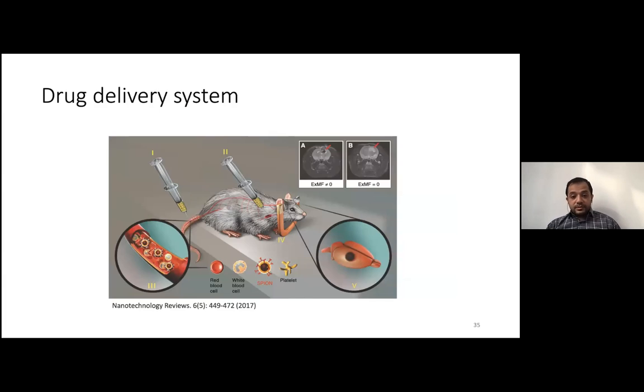So drug delivery comes to mind when we talk about magnetic nanomaterials. The first application that everyone will think about, basically, is if we incorporate the drug of interest with magnetic nanoparticles and inject them into a subject, in this case a rat, by focusing a magnetic field in a certain location, we can see an accumulation of the particles along with the drug, and consequently, we can expect the majority of the drug to reach the location that we're interested in.